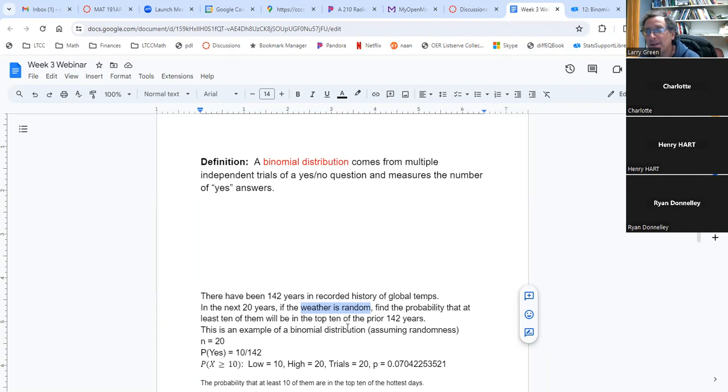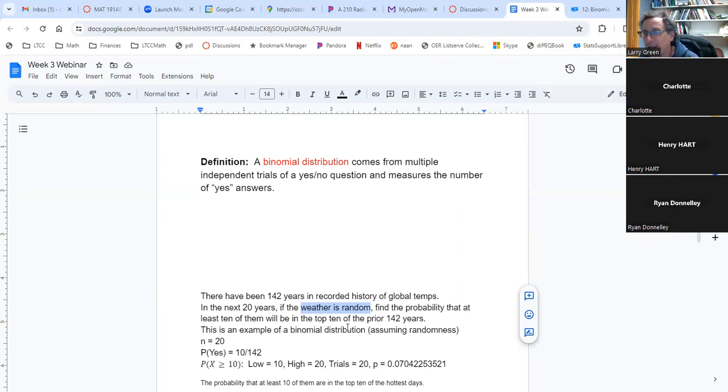Why is it not random, by the way? And this is not math, this is science. Why does next year not have the same chance of being in the top 10? Yeah, climate change. So this is where the scientists come in. This is how statisticians and scientists work together. The statisticians say, hey, this probability is so small, something's wrong.